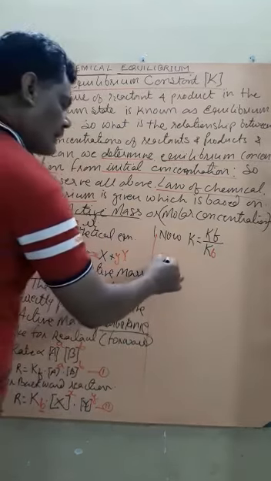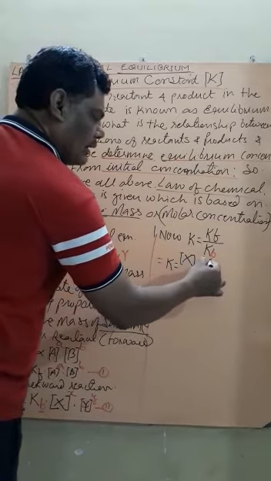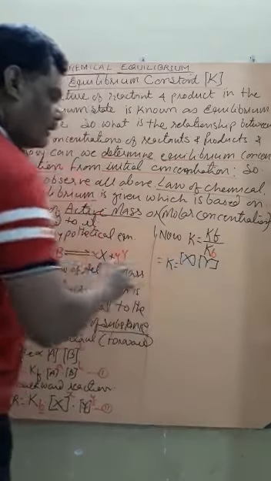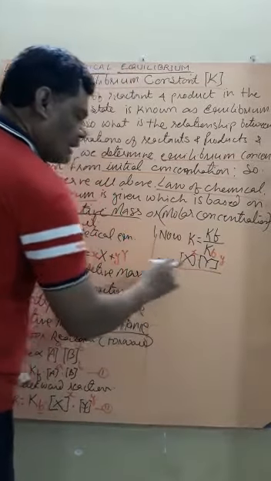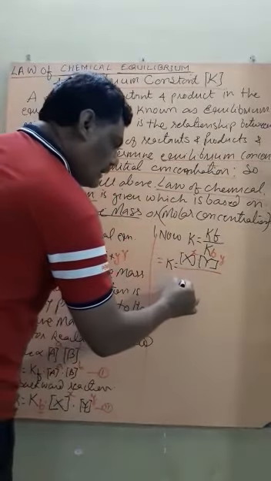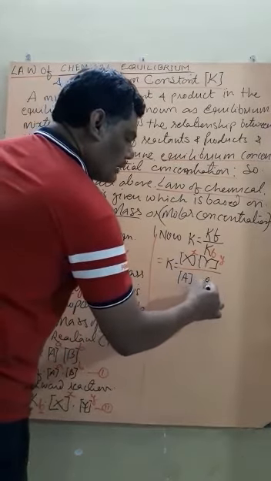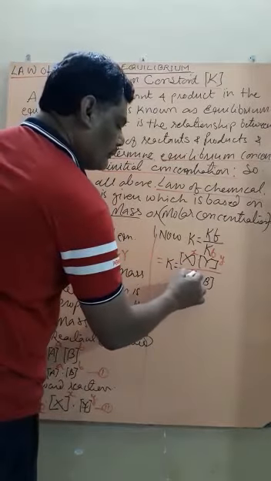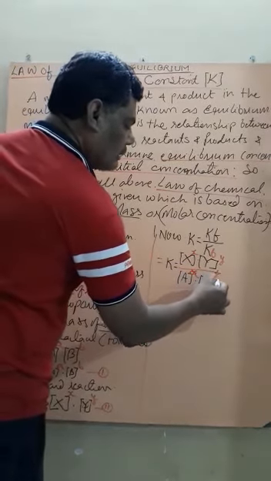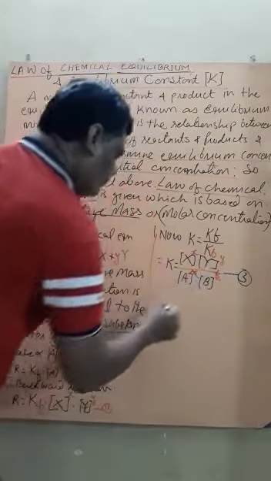Therefore, simply we can write K is equal to X multiplied by Y, to power x and y, divided by the reactants A multiplied by B, each raised to its power, small a and small b. This is equation number 3.